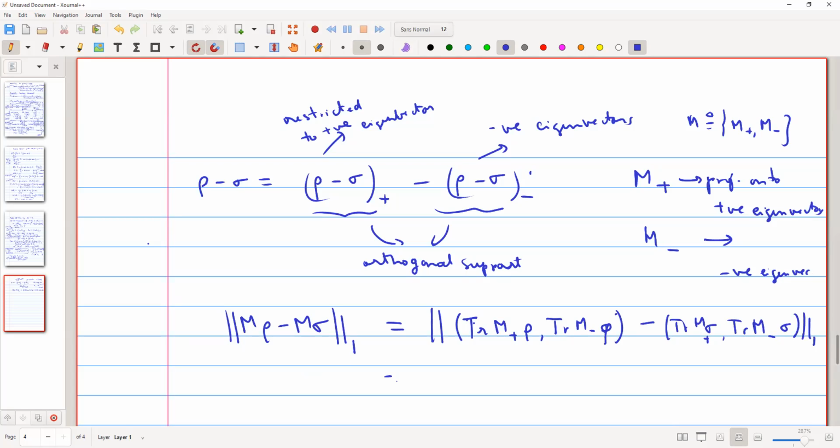So what is this? This is trace of M plus rho minus trace of M plus sigma. Well, there's a linear trace, so I can even write this.